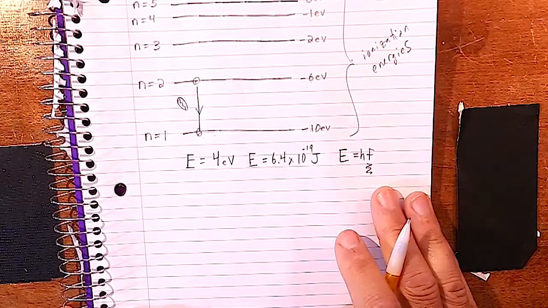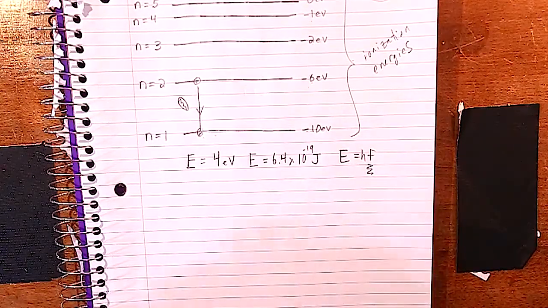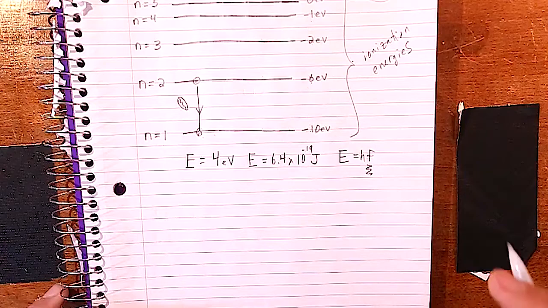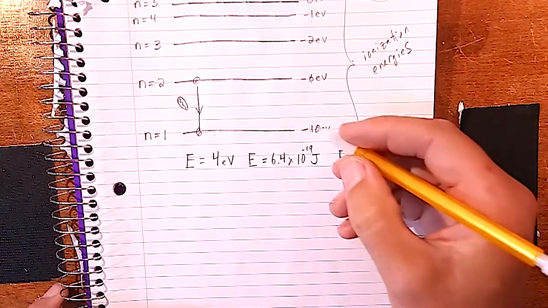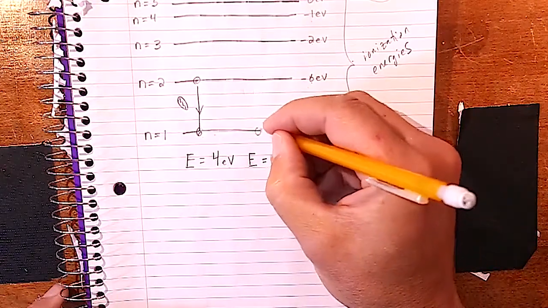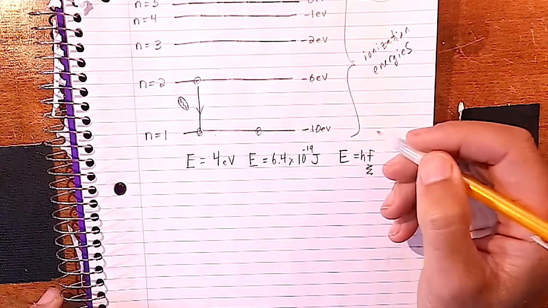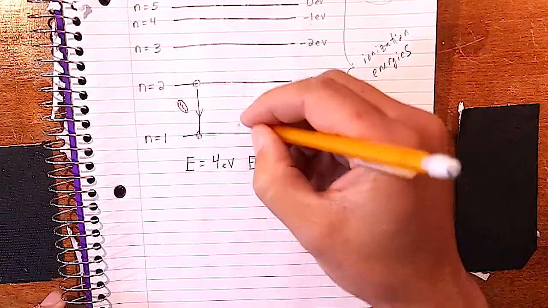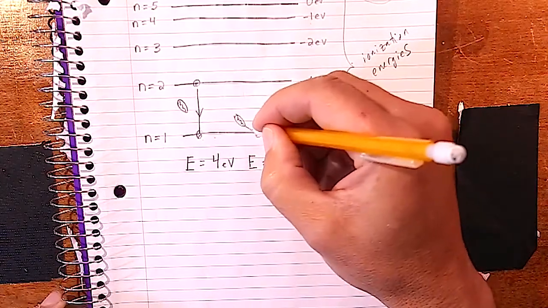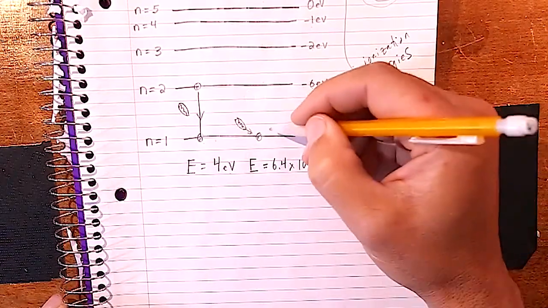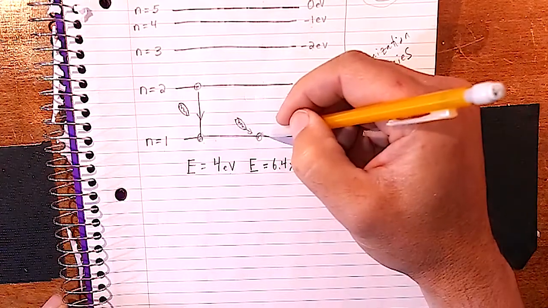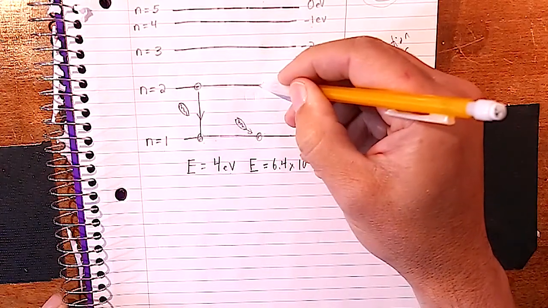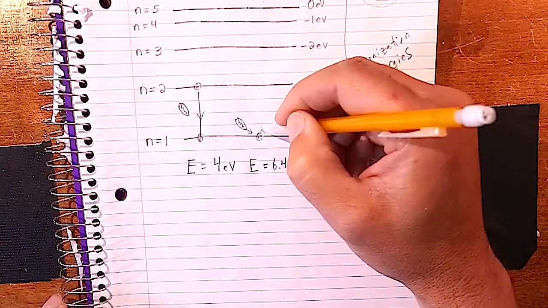And then we can do E equals hf to find the frequency, and the frequency gives us the color of the emitted photon. So let's say we have an electron in n equals 1, so we have an electron here, and it's hit with 5 electron volts. So this photon comes in, hits it, 5 electron volts. If it was hit by one with 4, it would jump up to here, because that's the difference between the levels.